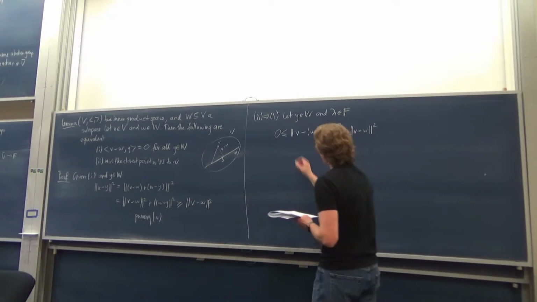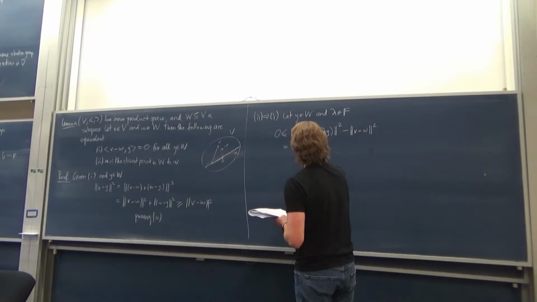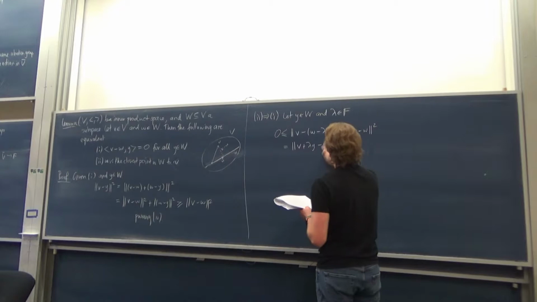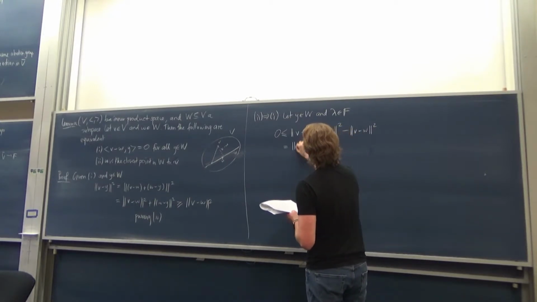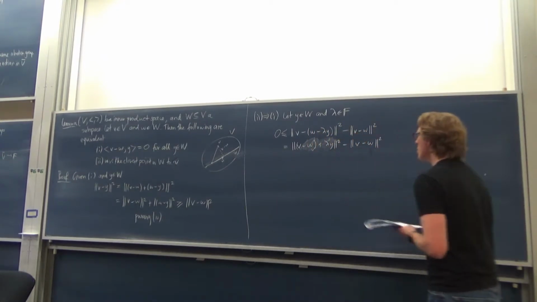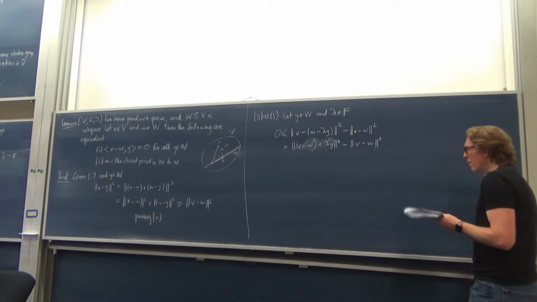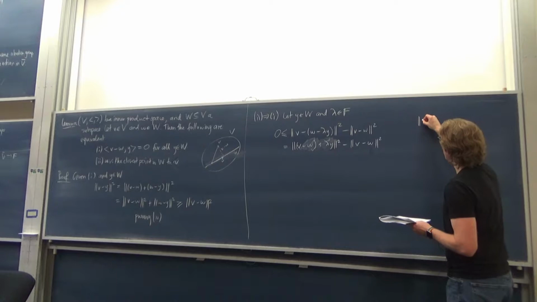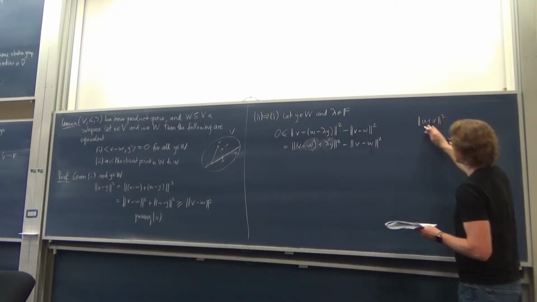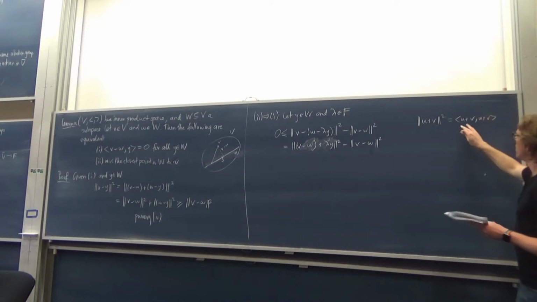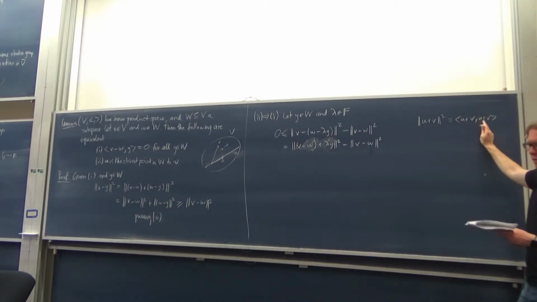All right, so let's just rearrange that. Remember we did this calculation last time where I took the norm squared of a sum, and these are arbitrary vectors. So that's u plus v paired with u plus v. When I expand that, I get u paired with u, that's the norm of u squared.